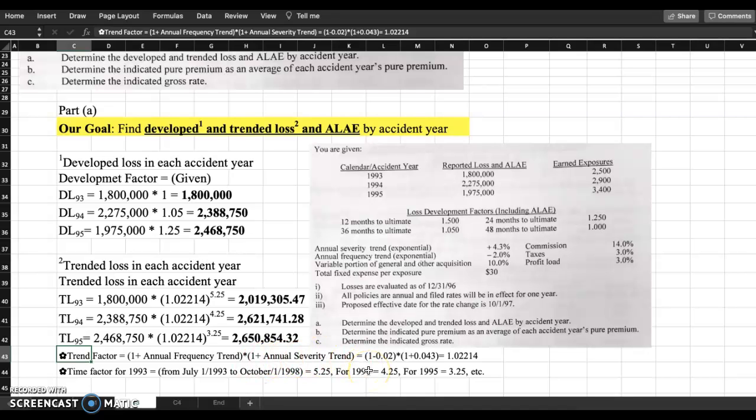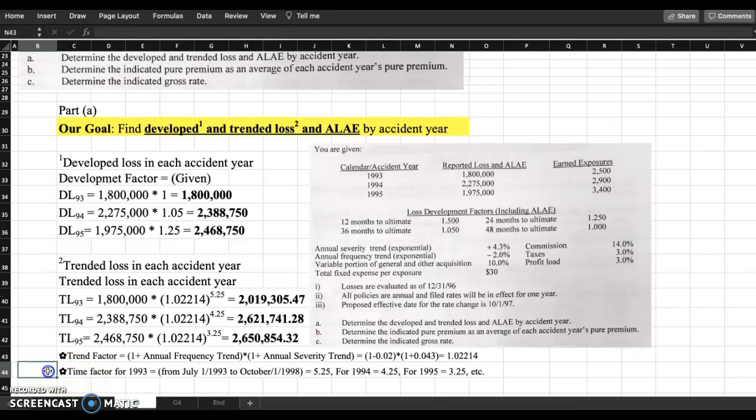The first one is negative 2%, which comes from the annual frequency trend, and 4.3% comes from the severity trend. So we get the following trend factor as 1.02214.